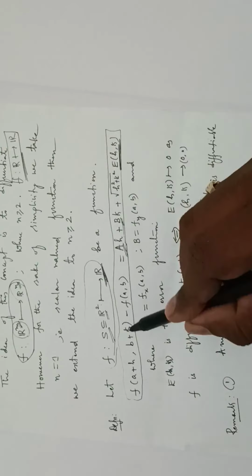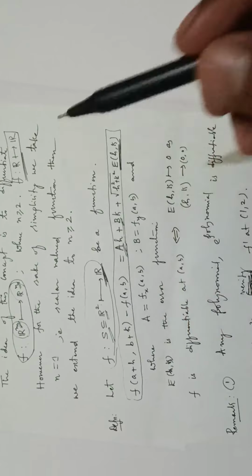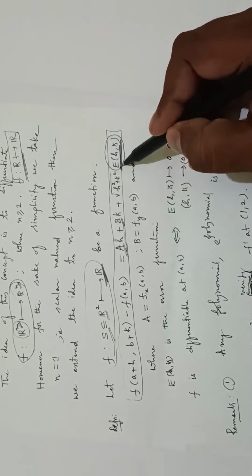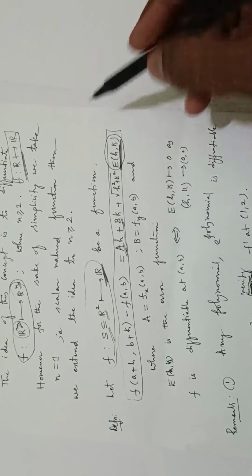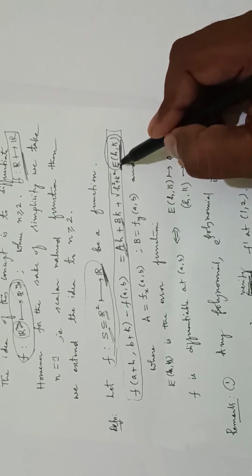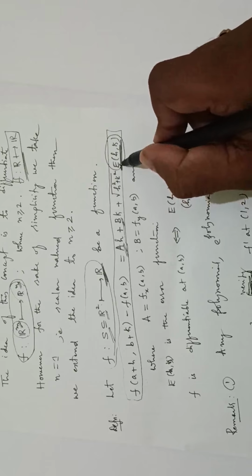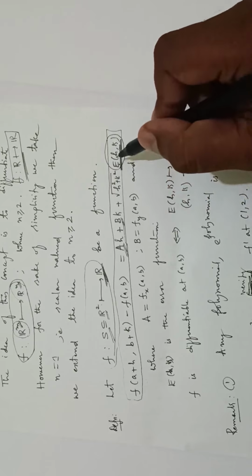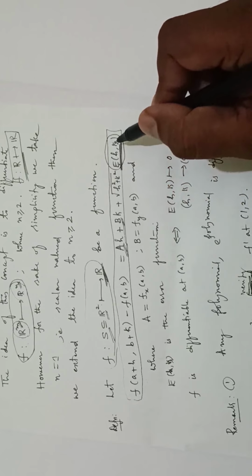If you have this particular equation, if this error function is tending to 0 whenever h and k tend to 0, I repeat, this e of h comma k must tend to 0 whenever h comma k tends to 0.